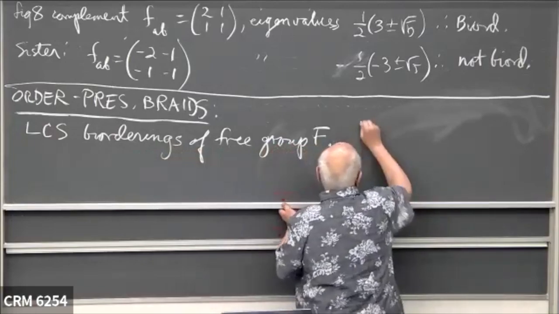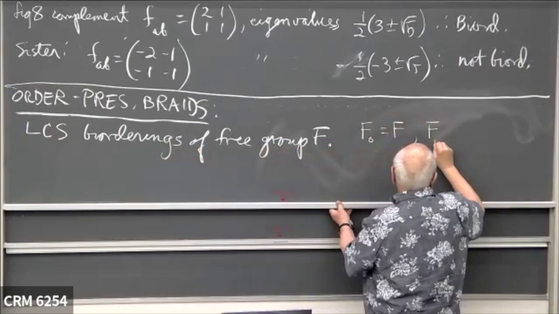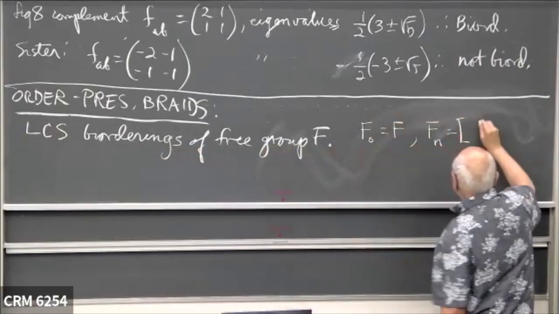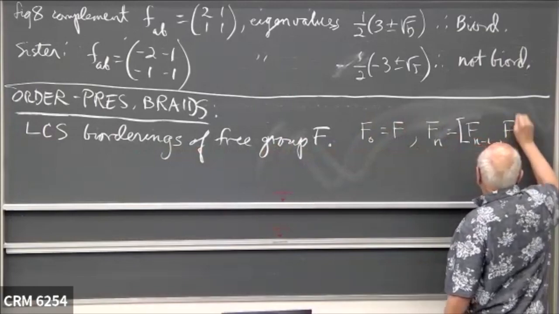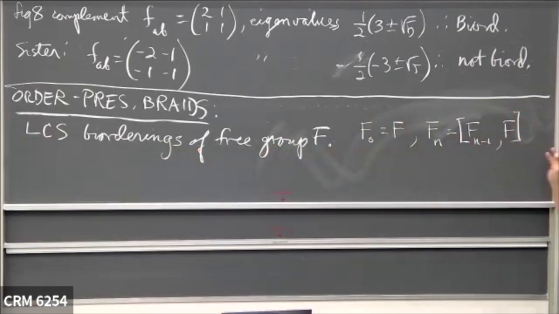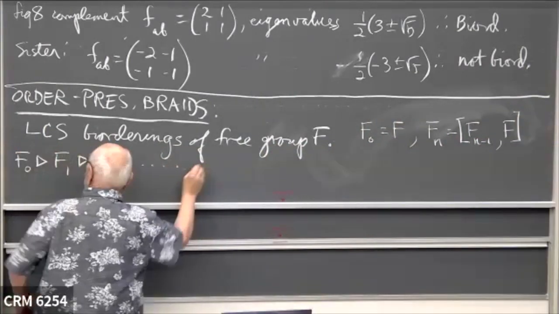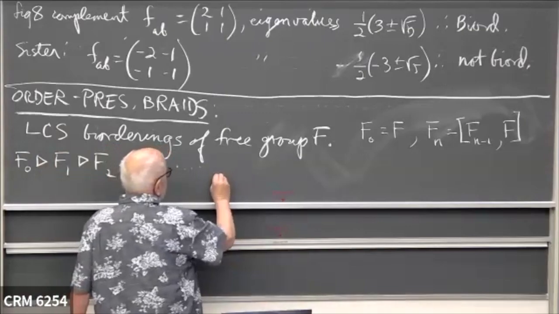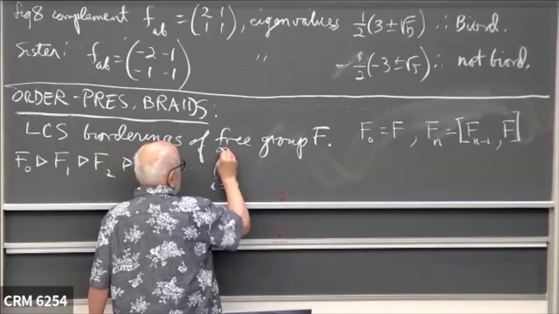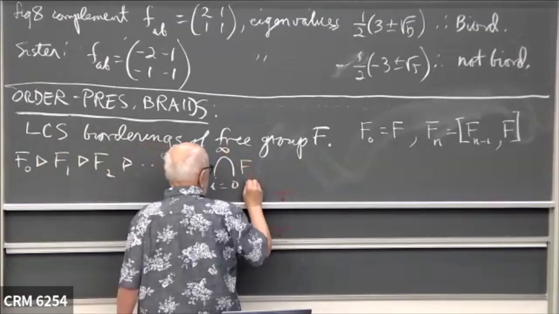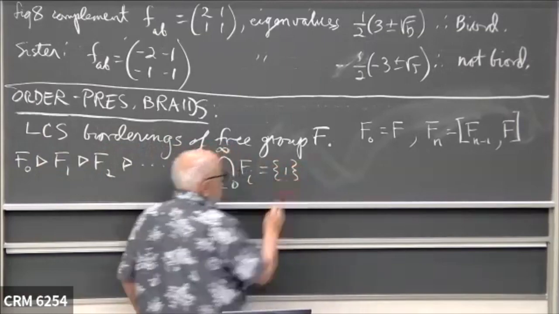So let F0 equal F and Fn be generated by commutators of Fn minus 1 with F. This actually defines normal subgroups. It has the property that the intersection of the whole bunch is trivial.